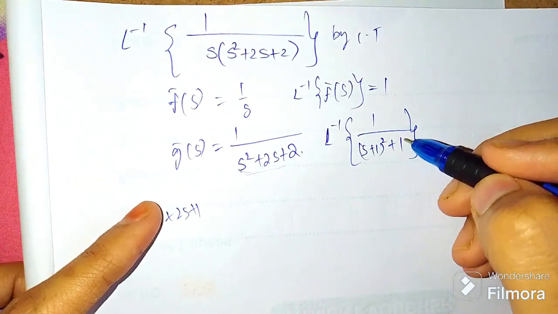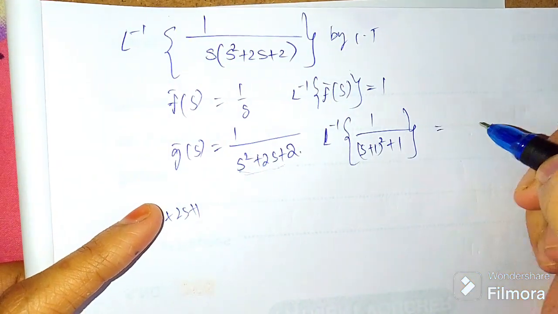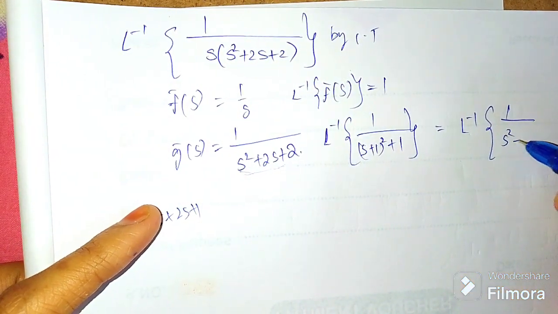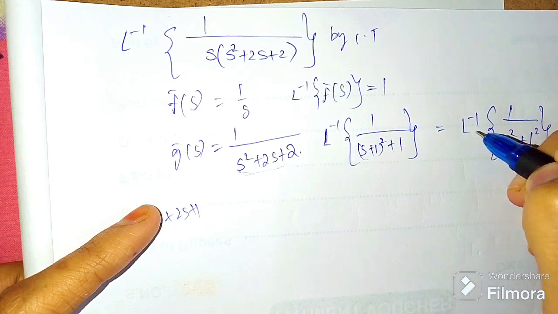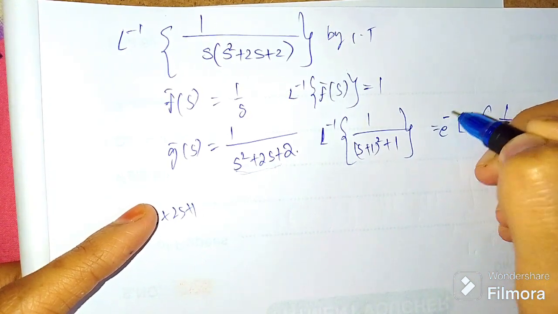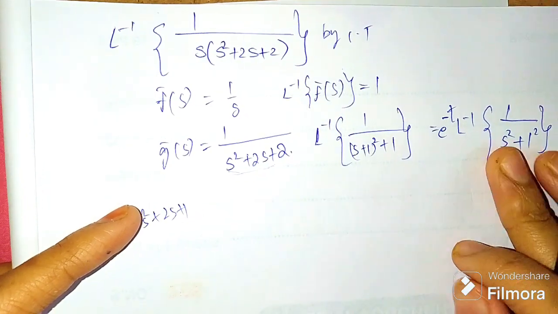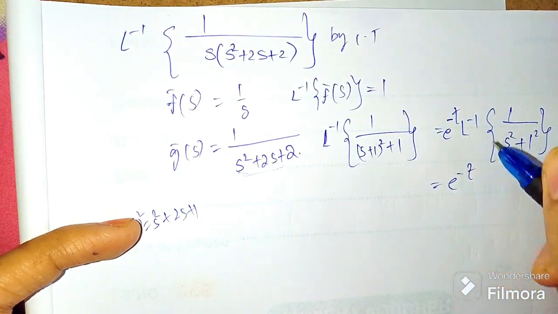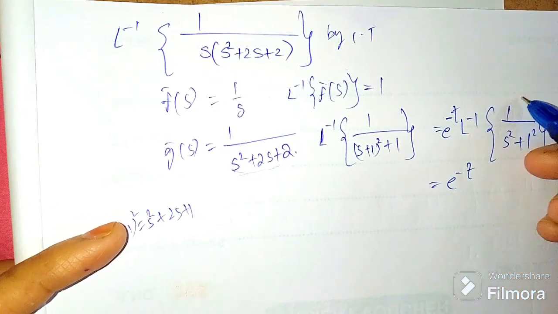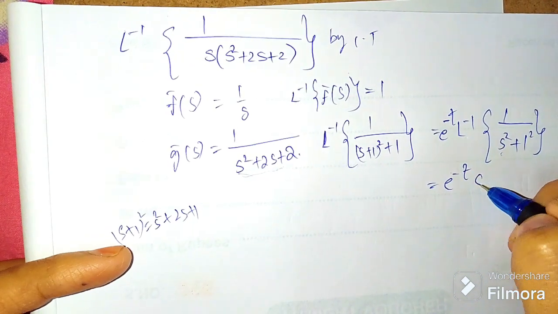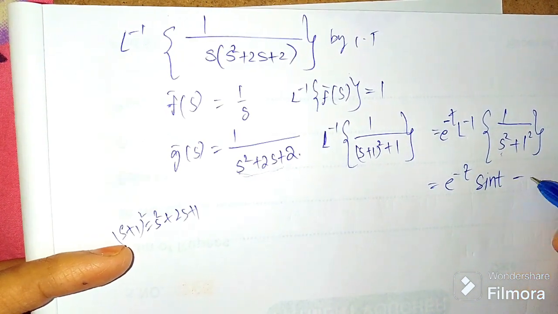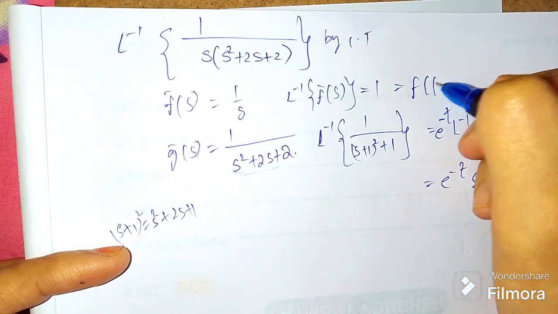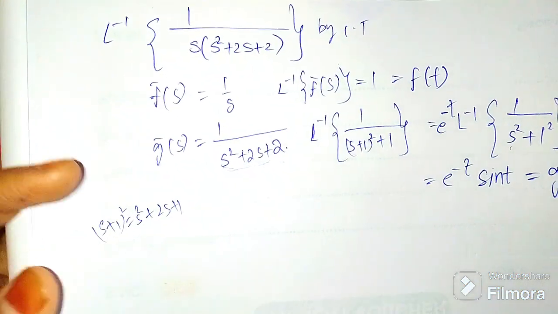Then by using the shifting property, we can shift: Laplace inverse of 1 by s square plus 1, but outside I should write e power minus t by the shifting property. Then this will be e power minus t into, what is the Laplace inverse of this? Sine t. So this is my g of t. This is my f of t. So we got two, f of t and g of t.